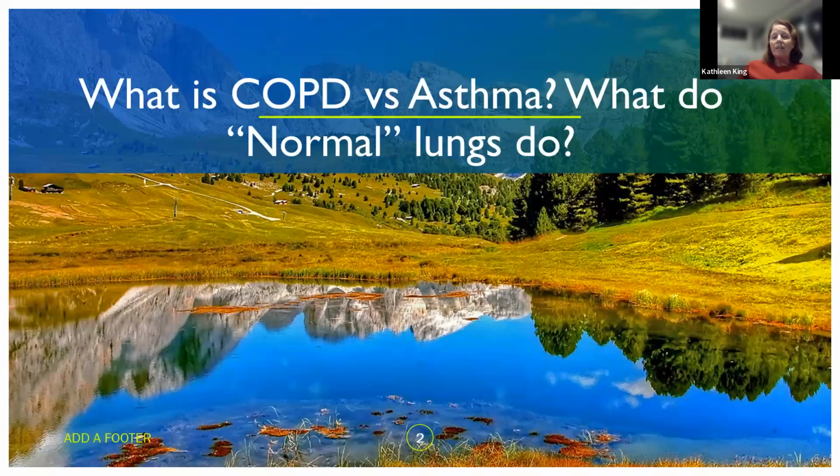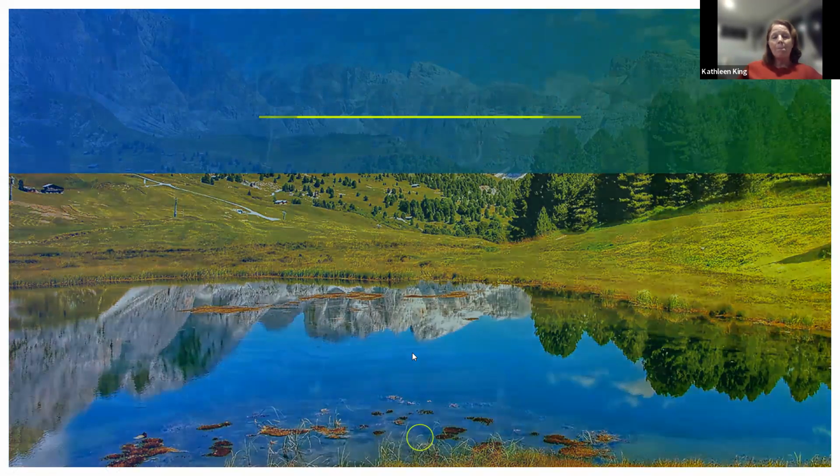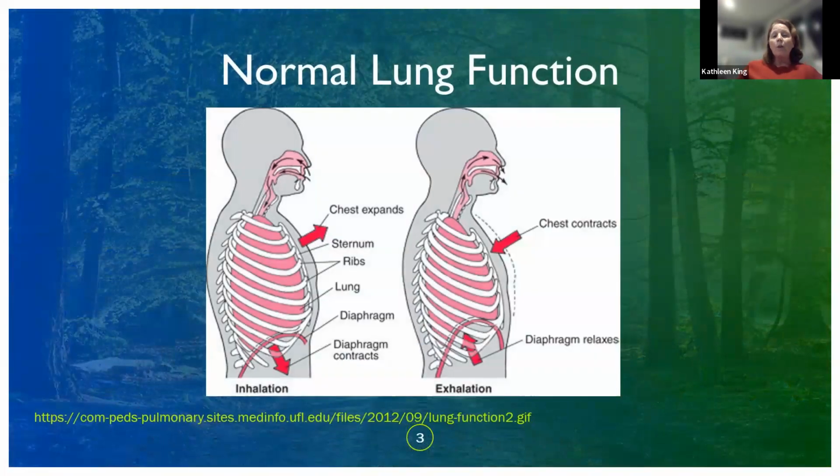So, what is COPD versus asthma, and what do normal lungs do? Normal lung function. In terms of the muscular and skeletal, right?